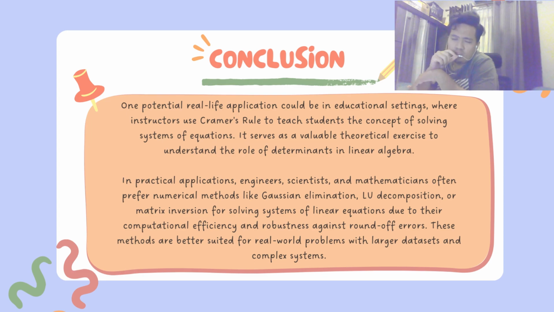You guys must wonder, why do we need to learn about application of determinant? What do we use it for in real life? Yes, we will use it in real life. Well, these methods are better suited for real-world problems with larger datasets and complex systems. So there you go. We use it in our daily lives.